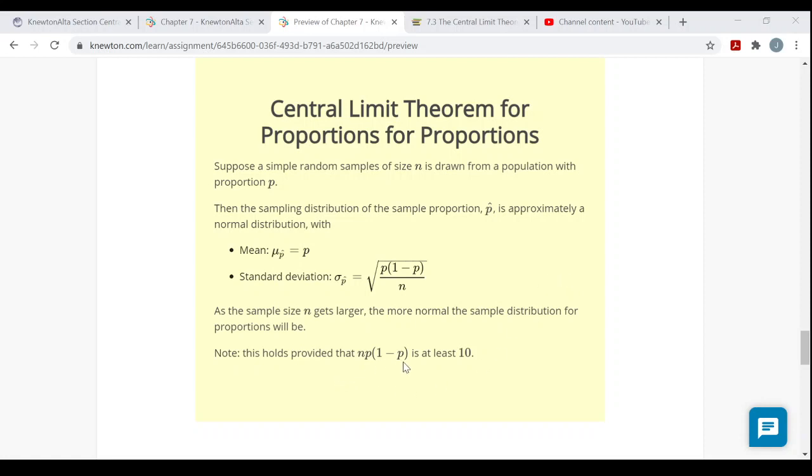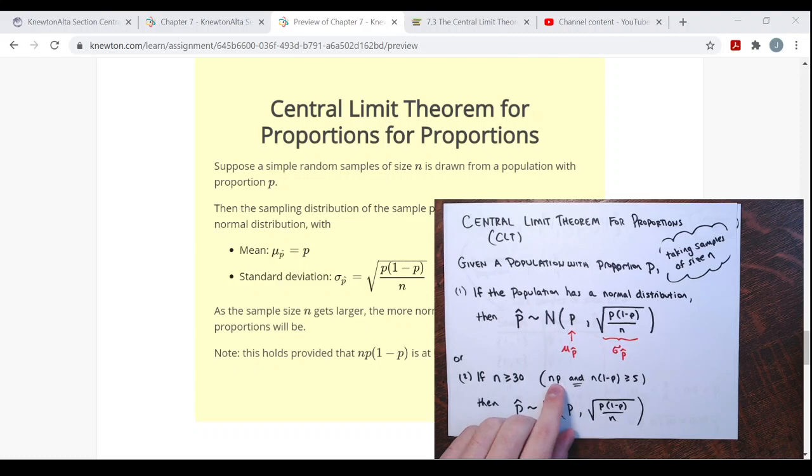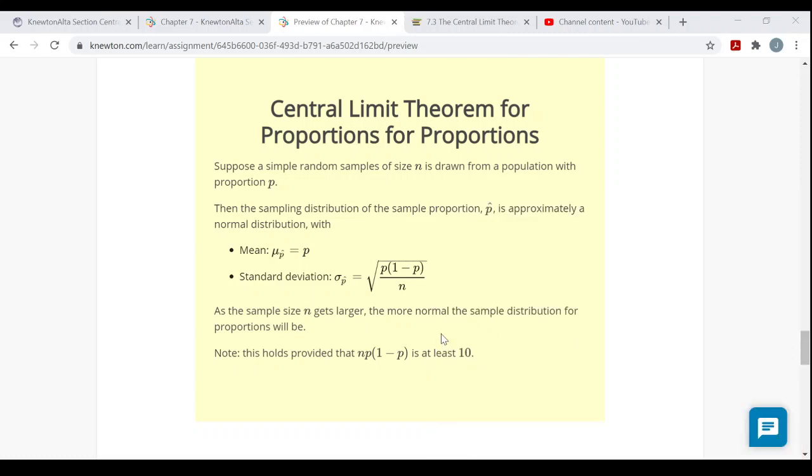Their condition isn't that. I've seen in other books the condition I wrote here with n times p and n times 1 minus p being greater than or equal to 5. They have the condition n times p times 1 minus p is at least 10. So you've got to check that as well.